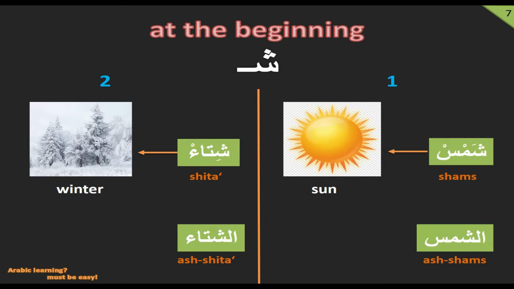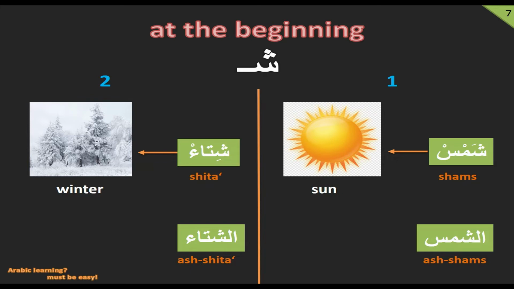Shams means sun, and the sun would be ash-shams. And the second example, the noun shita. So kasra under sheen and sukun on hamza. Shita means winter, and the winter would be ash-shita.